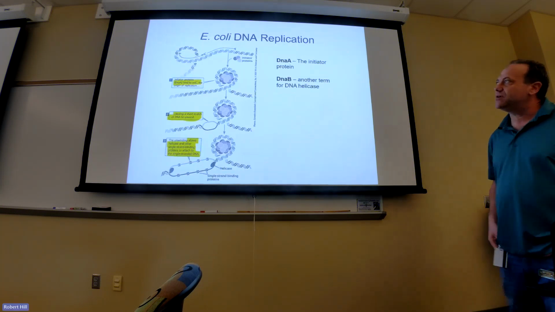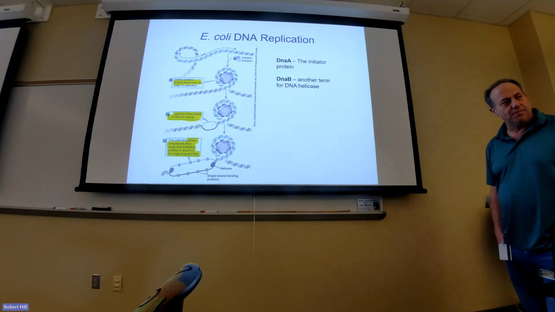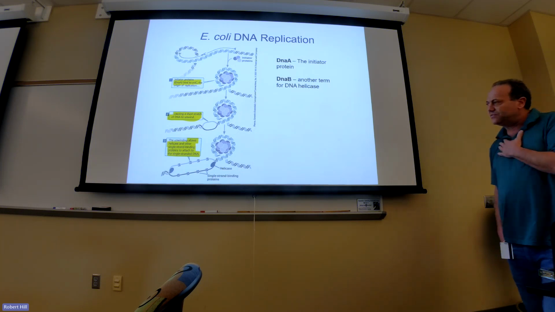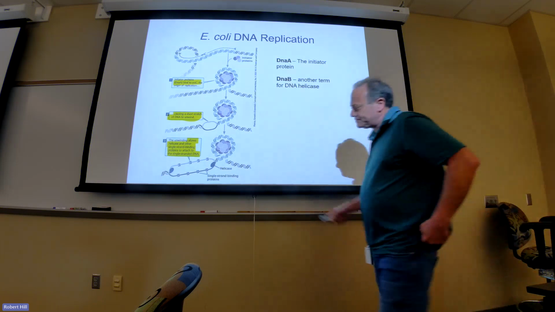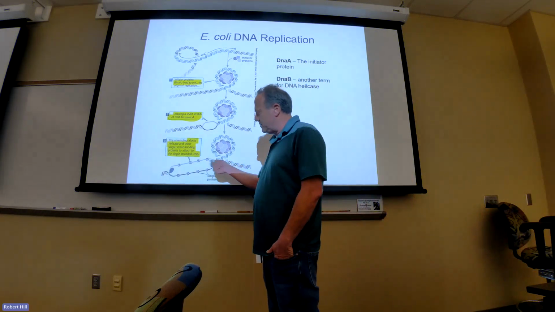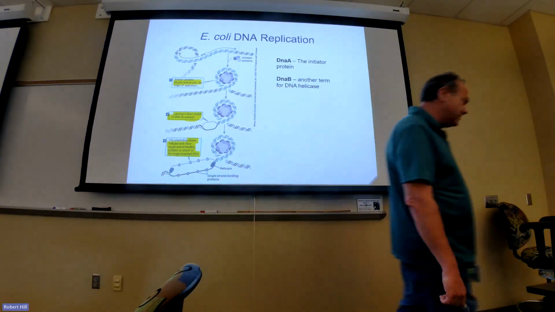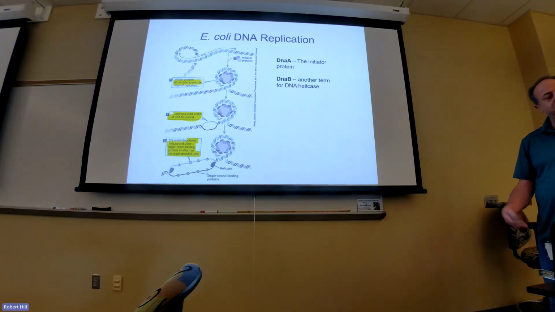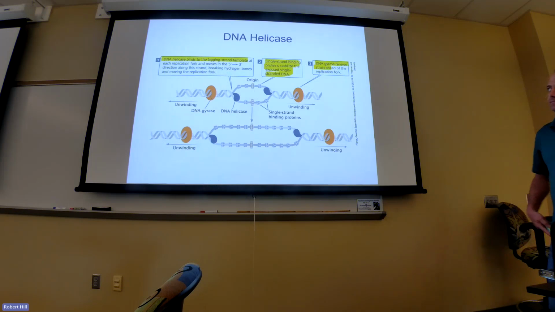All right, so there's your initiator proteins. They get bundled up where you see, and they cause a little bit of it to unwind, just enough for DNA helicase to fit in there and more efficiently unzip it. And that's called DnaB, but nowadays we call it DNA helicase.